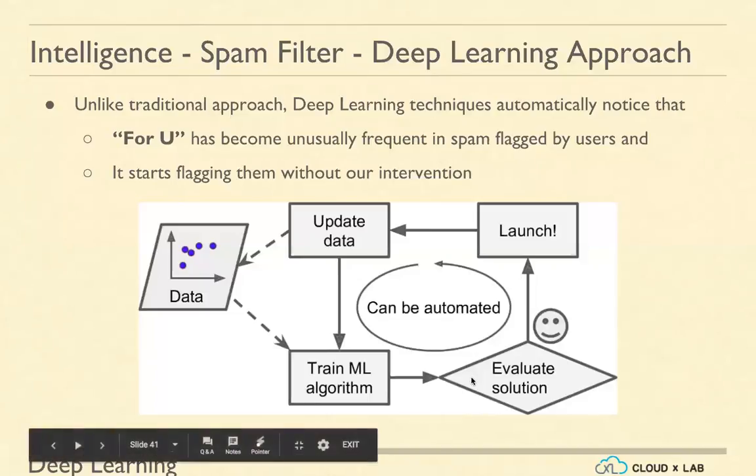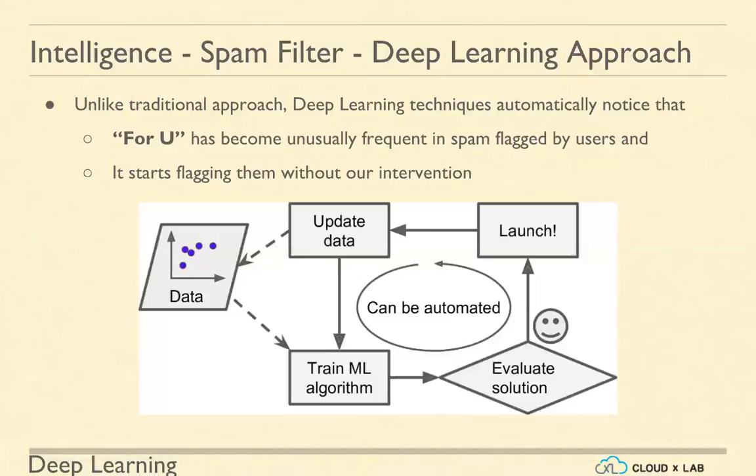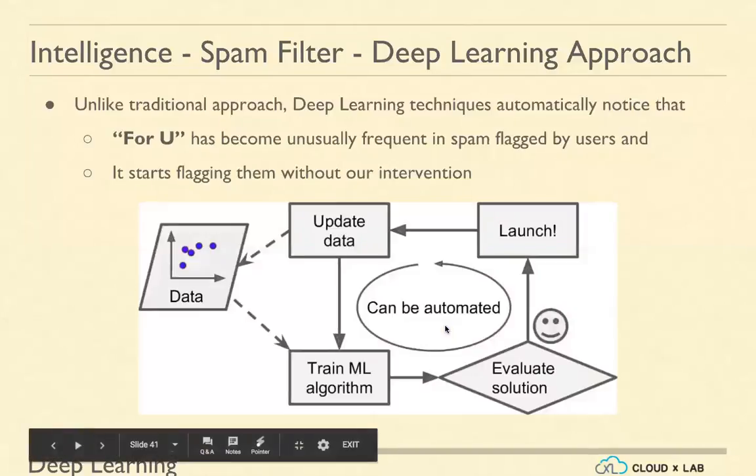Now, there could be a case: what if the spammers poison this data? This is where training the ML algorithm would have to depend on checks. We'll study this part, that if you observe too many outliers at this point, you might have to stop this automated process. Okay?